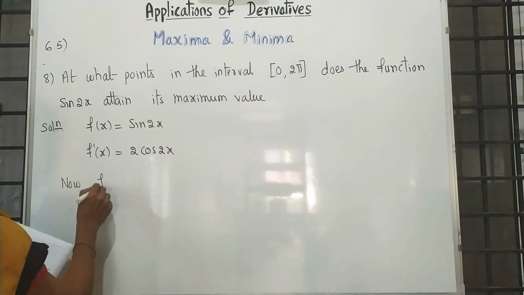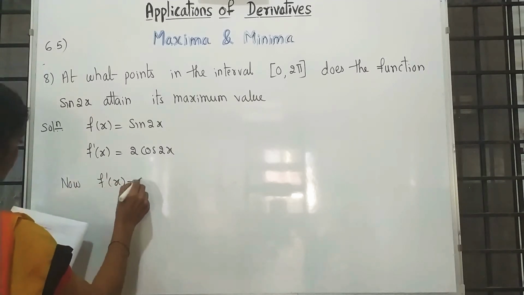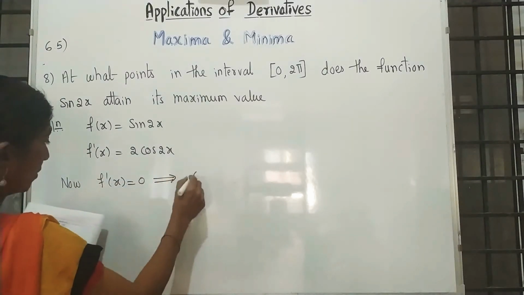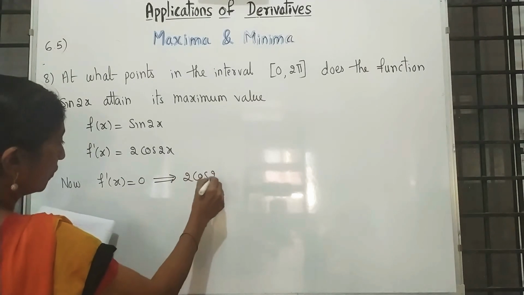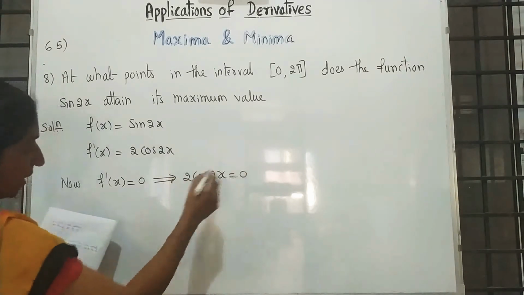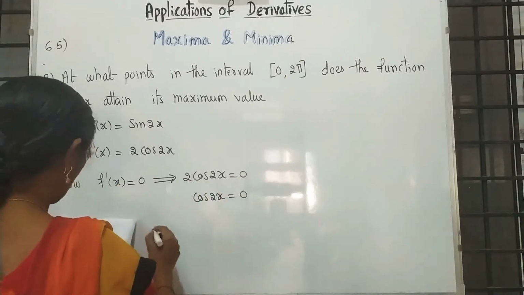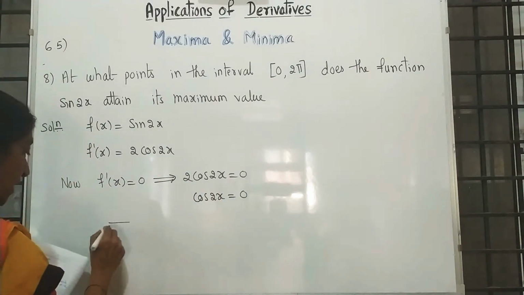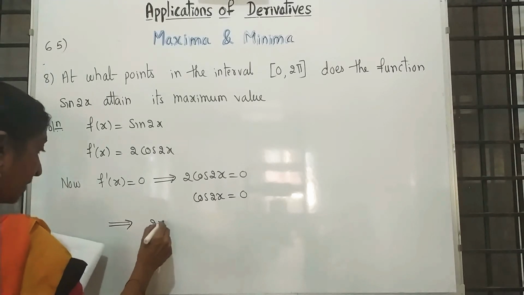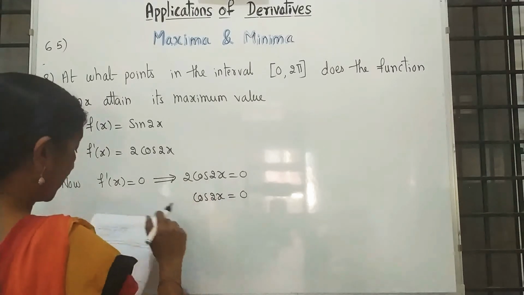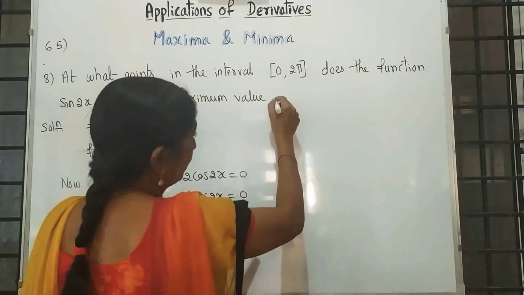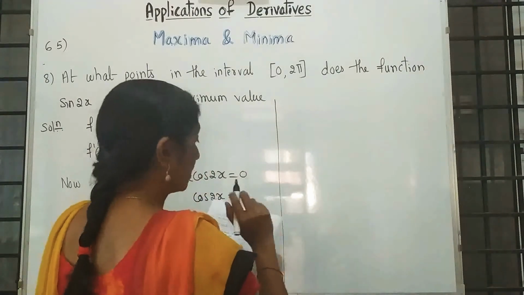Now, the first derivative f dash of x is equal to 0 gives you what? 2 into cos 2x is equal to 0. Taking 2 on that side, cos 2x is equal to 0 by 2 is 0. This implies for what value of cos you are getting 0. In one of trigonometric class, I gave the formula.